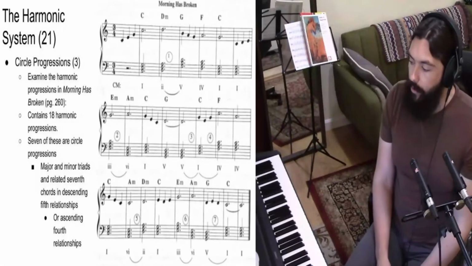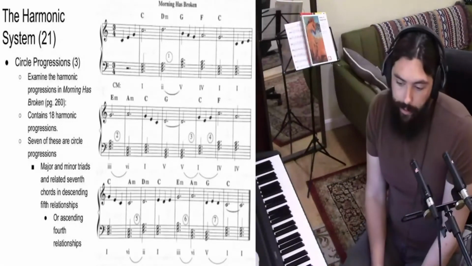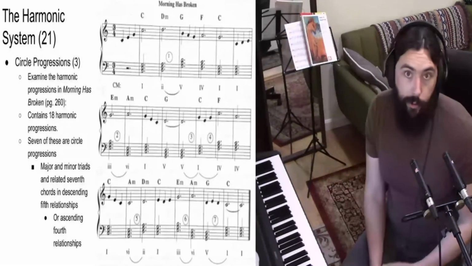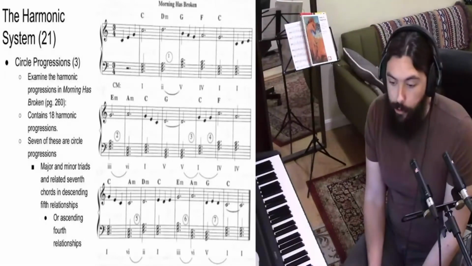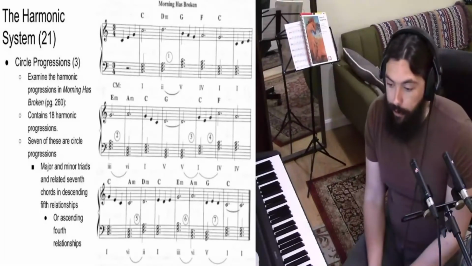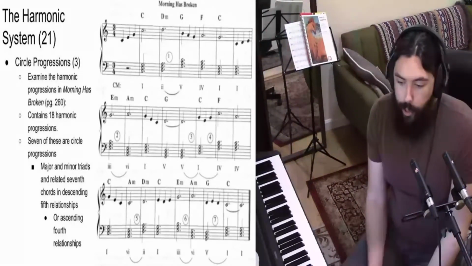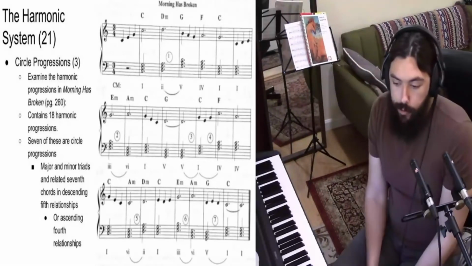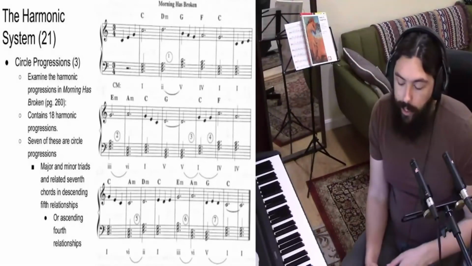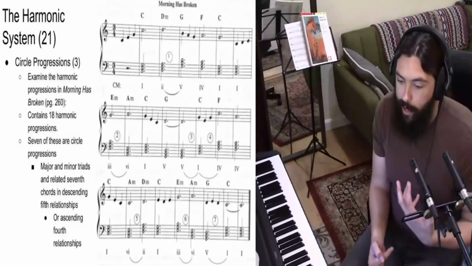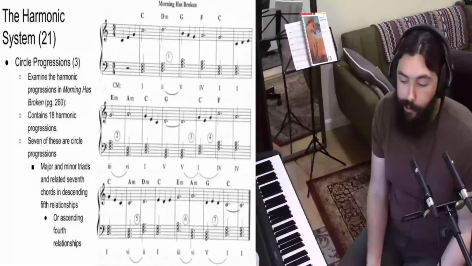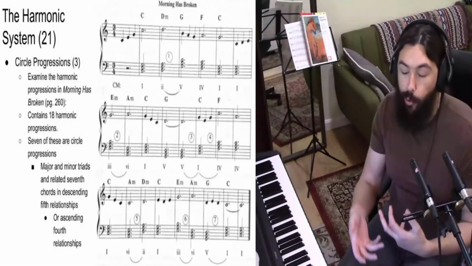Now let's take a look at a song that uses many different little instances of a circle progression. If we look at Morning Has Broken on page 260, this particular song contains 18 harmonic progressions. We just mean from one chord to another.